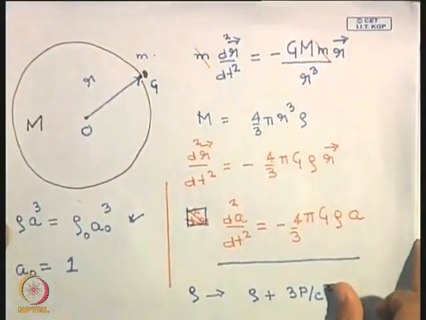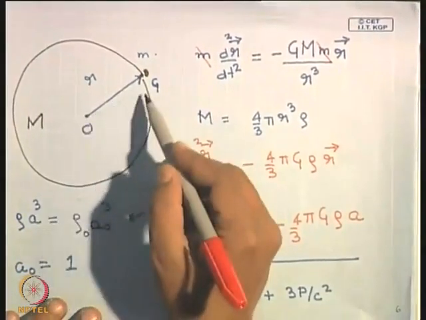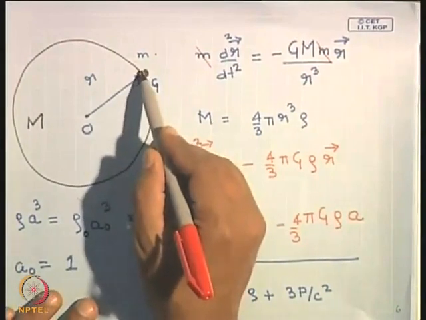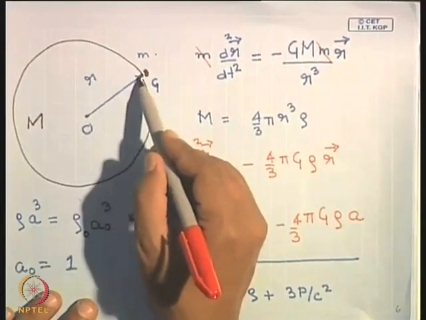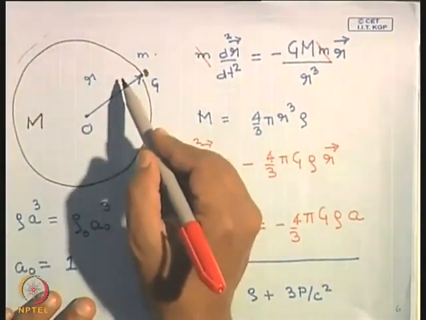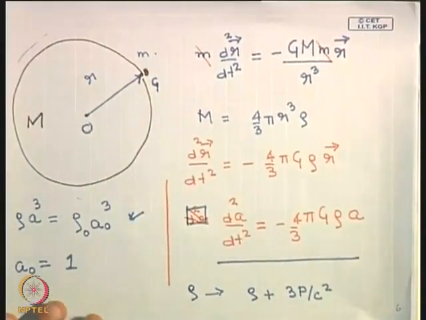Then we use this to determine the dynamics of the universe. Let me remind you again, we determined the equation governing the dynamics of the universe by just considering the equation of motion of any galaxy at a distance r. The force acting on this is due to the mass inside, which gives rise to this equation for the scale factor.